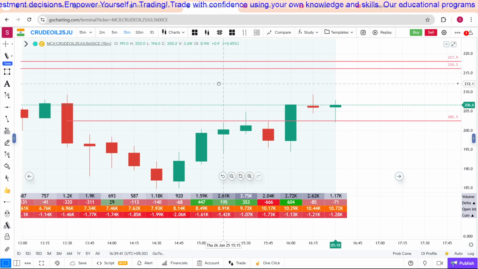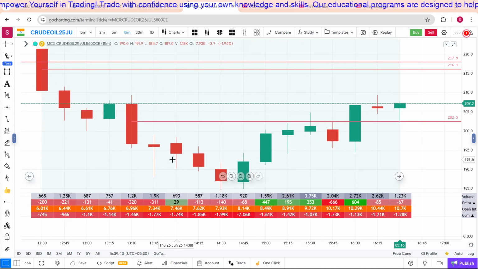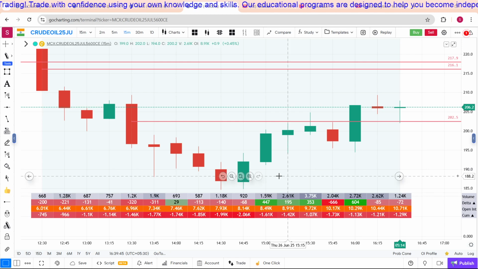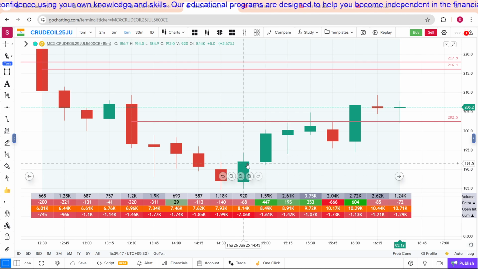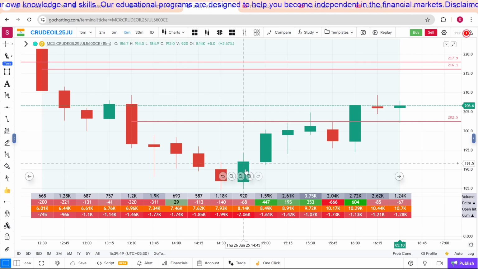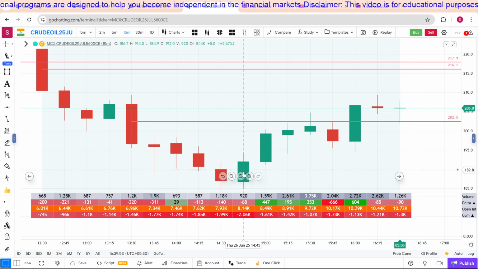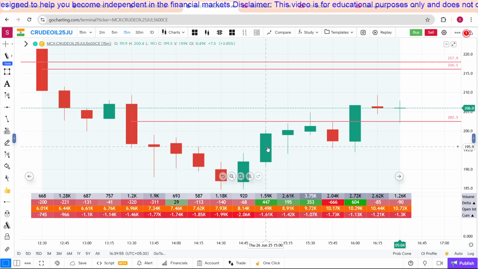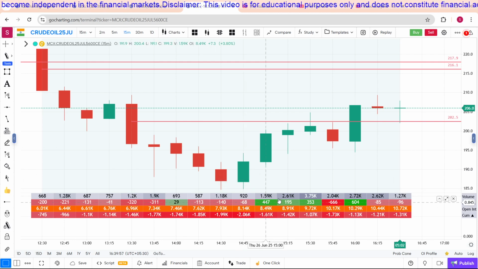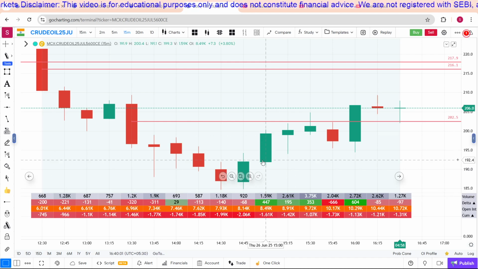Then for the reversal trade, we need to find the high volume green candle. And this is the candle, the first green candle formed. And a very good amount of volume traded with a solid green candle, correct?